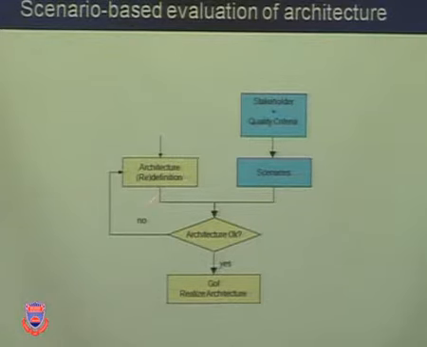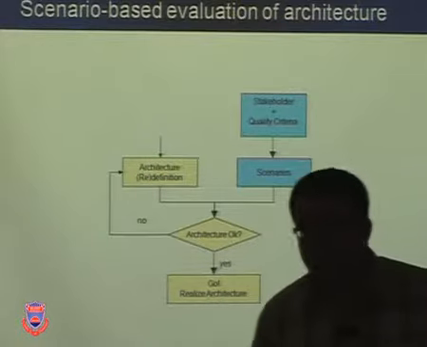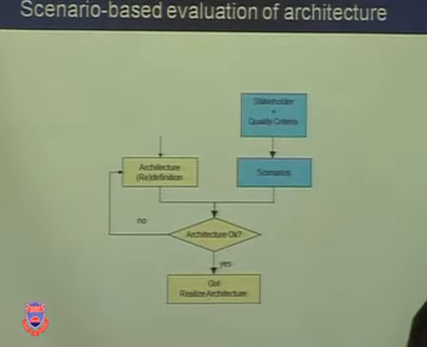On the other hand, we have the architecture design, and actually we check the architecture with respect to the scenarios. So this is the evaluation method. If the architecture is okay with respect to the quality criteria, then we can implement the architecture. Otherwise, we need to redefine or refactor. Okay? And we said this redefinition can mean also that you need to redefine the domain, the problem, the stakeholder concerns, etc.